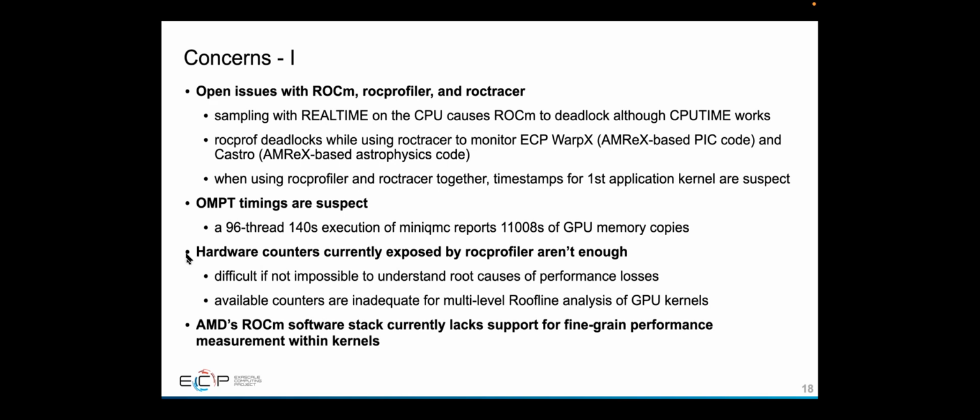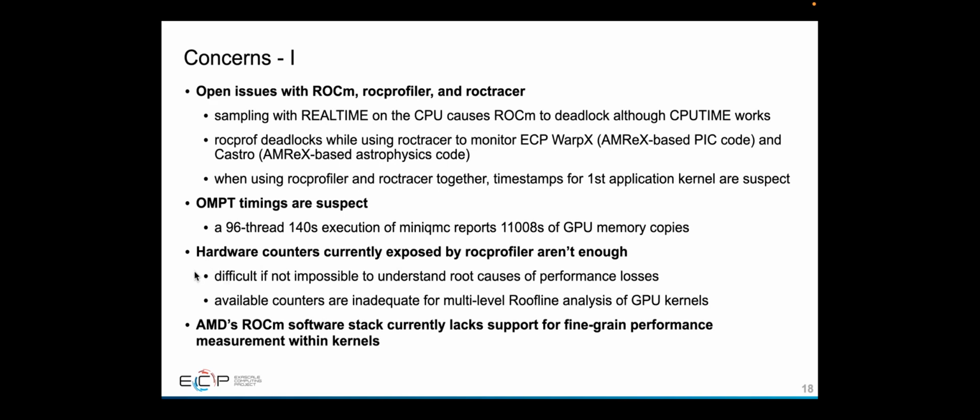Also, there was a talk earlier today about the roofline model on AMD GPUs. The roofline model is being computed with a larger number of performance counters than are currently available. The current set of available hardware counters are inadequate for doing roofline analysis of GPU kernels, and it's difficult, if not impossible, to understand the root causes of some of the performance losses.